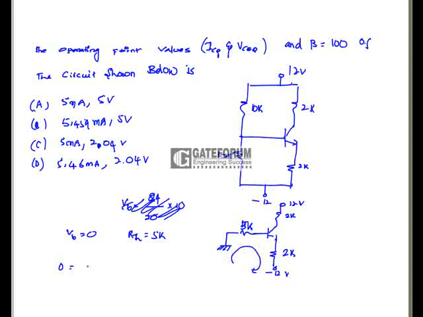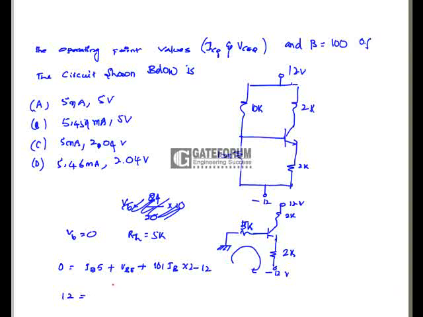0 is equal to IB into 5 plus VBE, that is 0.7, plus 101 IB into 2, minus 12.